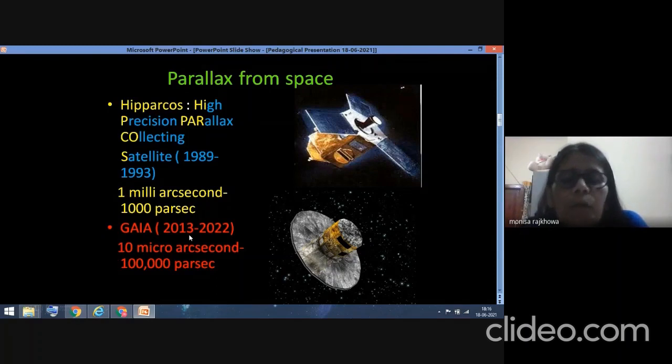But if we have to go beyond that, beyond the Milky Way, up to the galaxy clusters, then we cannot rely on this parallax method. For that, we have to use indirect methods. Those indirect methods include the standard candle method. And for discussion of other rungs in the cosmological distance ladder, over to Abhijit.